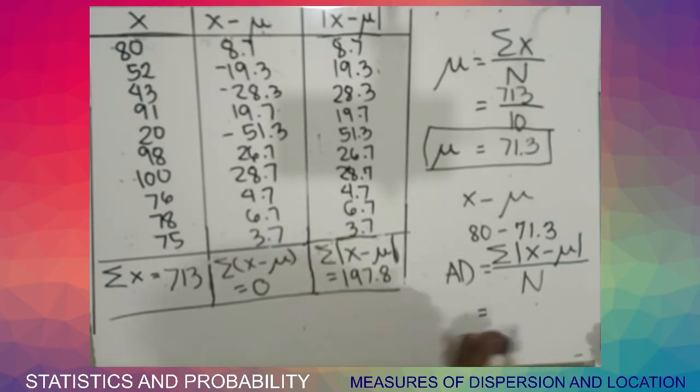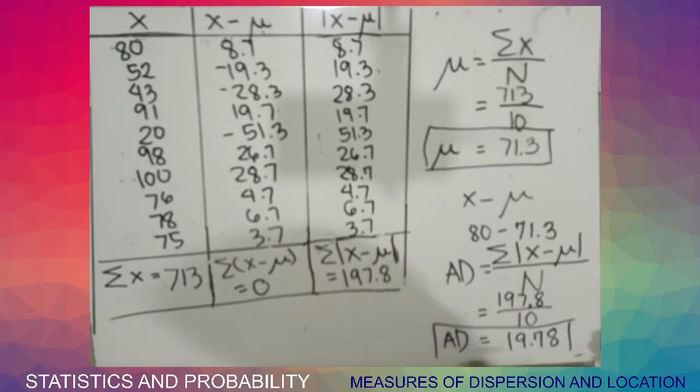So substitute lang natin 197.8. So lipat natin divided by value ng N natin which is 10. So absolute average deviation niya is 19.70.